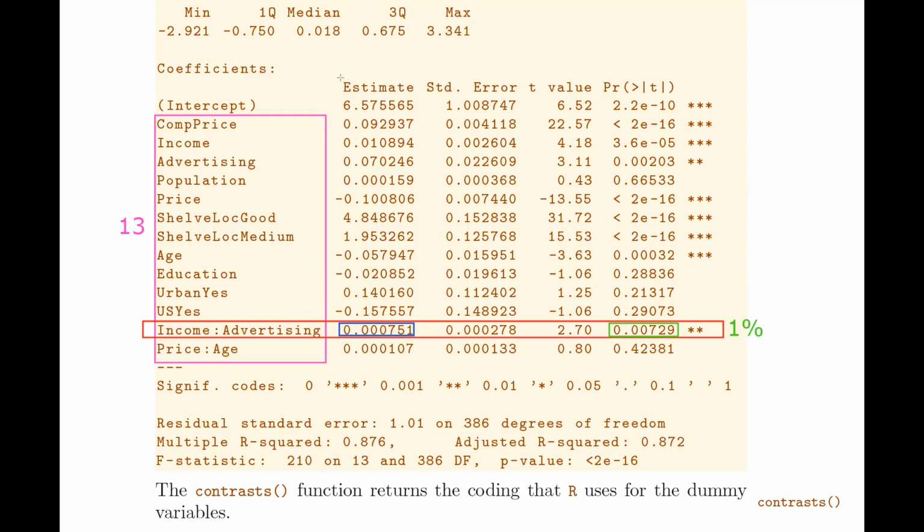Remember, these are estimates. Then you need to see how statistically significant they are. Where you have 3 asterisks and 2 asterisks, that's statistically significant up to 1%. Now the thing is this. You are not 100% confident.